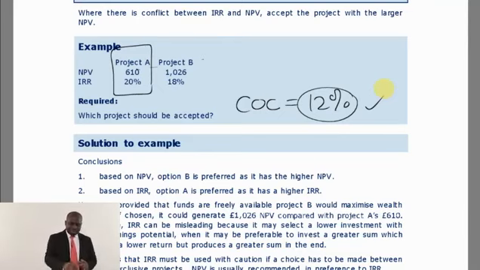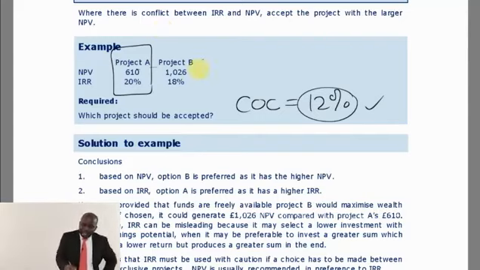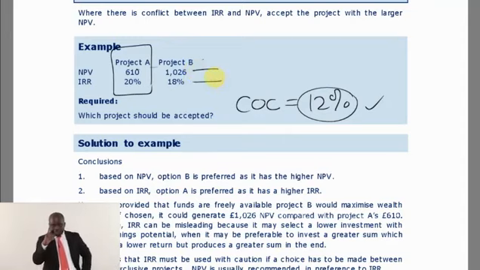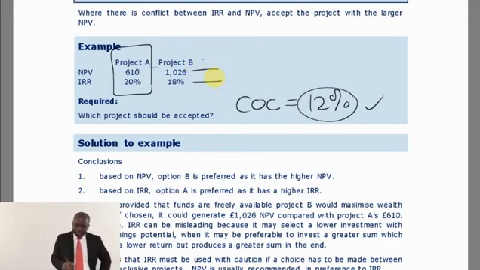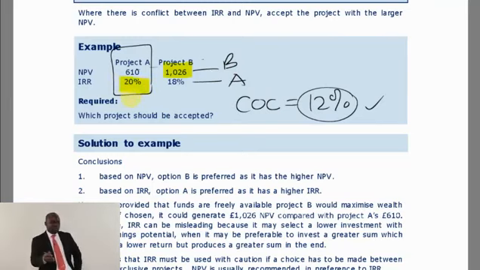As long as you are dealing with individual projects, they shouldn't give you any conflict. Now, if we have to choose, because they are mutually exclusive projects, NPV will tell you choose B because it's giving you the highest NPV. Internal rate of return will tell you choose A because it's giving you the highest internal rate of return. Which one will you choose?